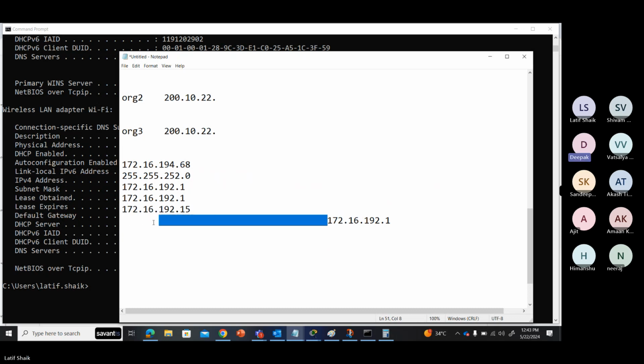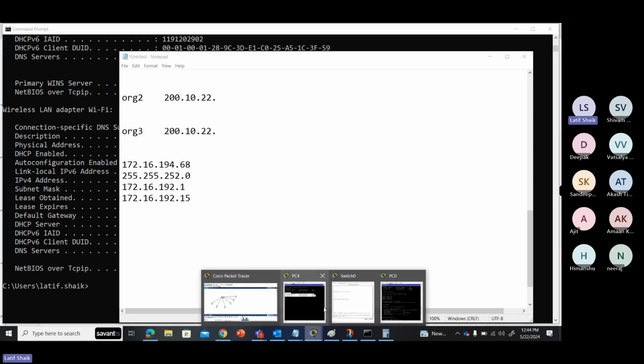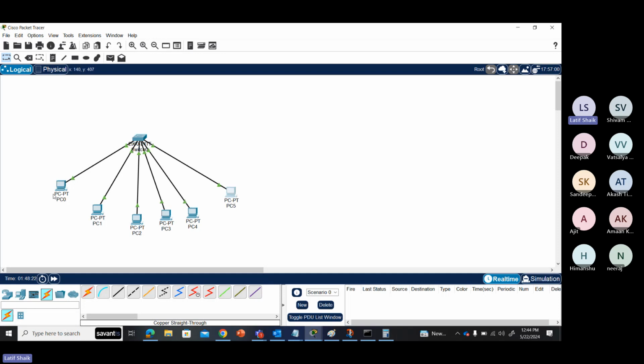Sir, what is this default gateway? When you want to communicate outside of the network, we use a default gateway. Here, these are all in the same physical as well as the same logical network, except this one. So all are the same.